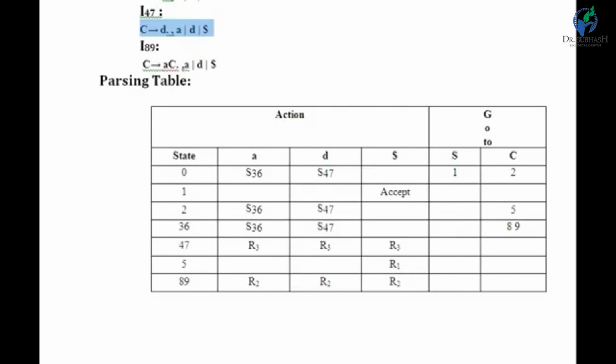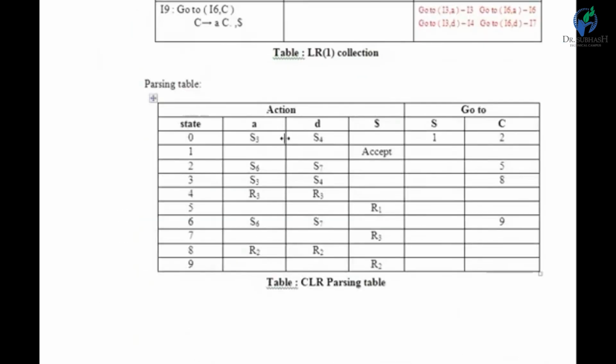In any shift entry you have either S3 or S6, so now you have to write 36. In state 0 it's S3, and 3 is combined with 6, so the new state will be 36.